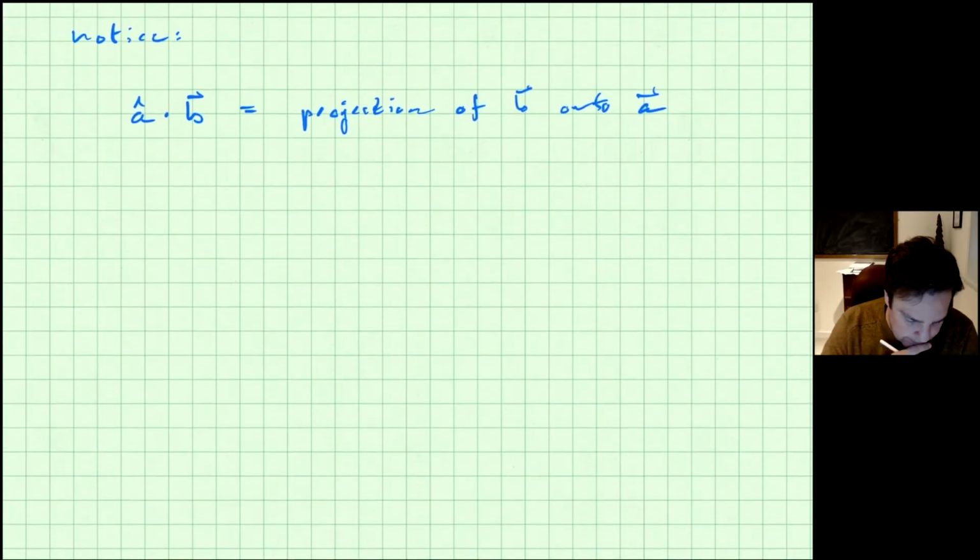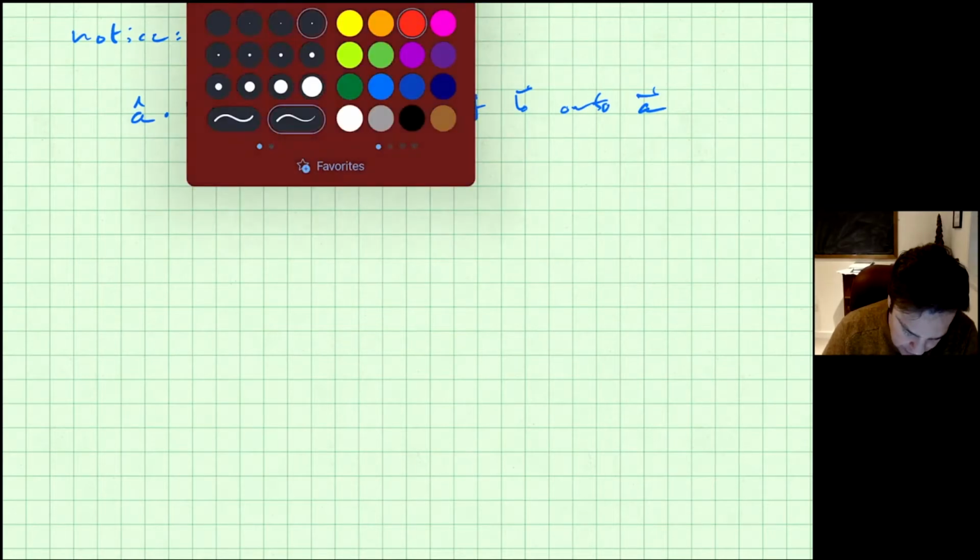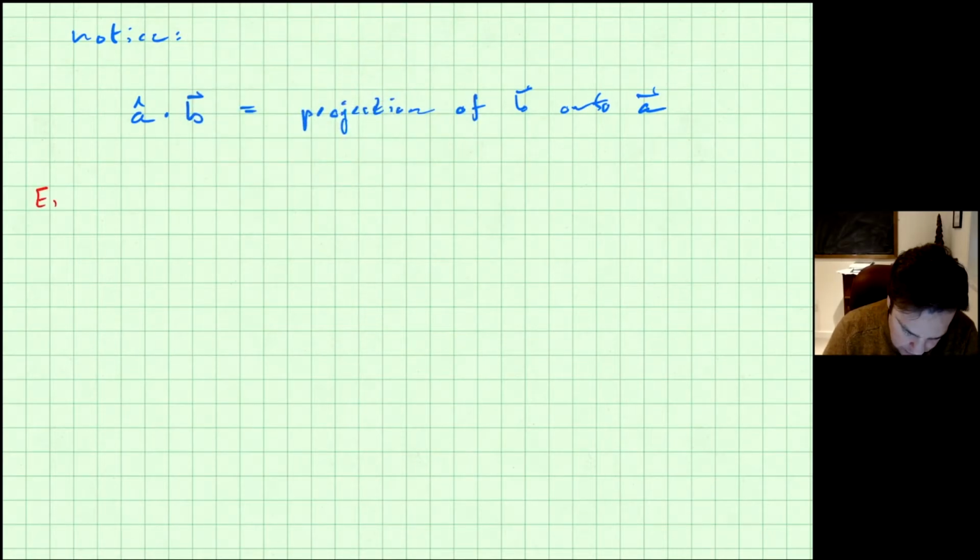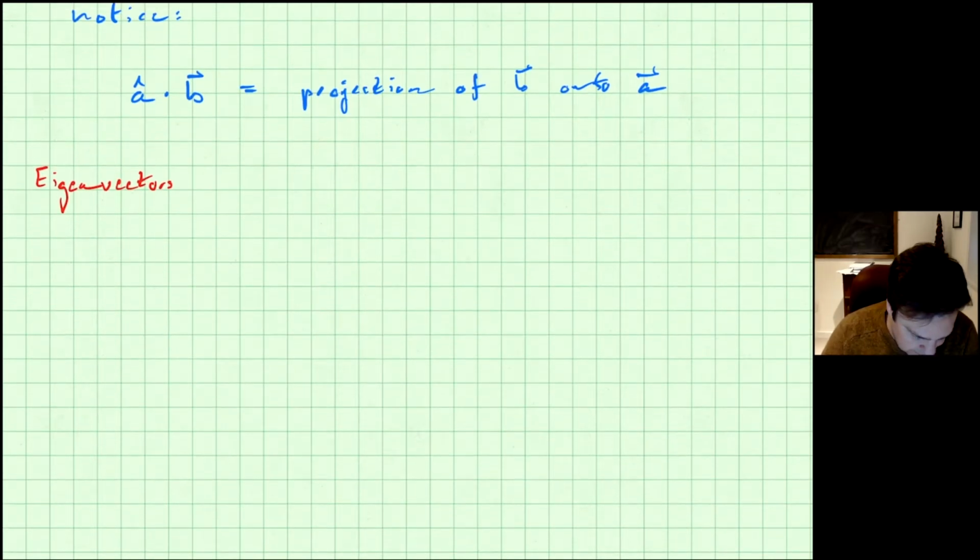Okay, now we're going to introduce eigenvectors and eigenvalues. In a proper course on linear algebra, you would spend time on each of these things. The word eigen is a German word.